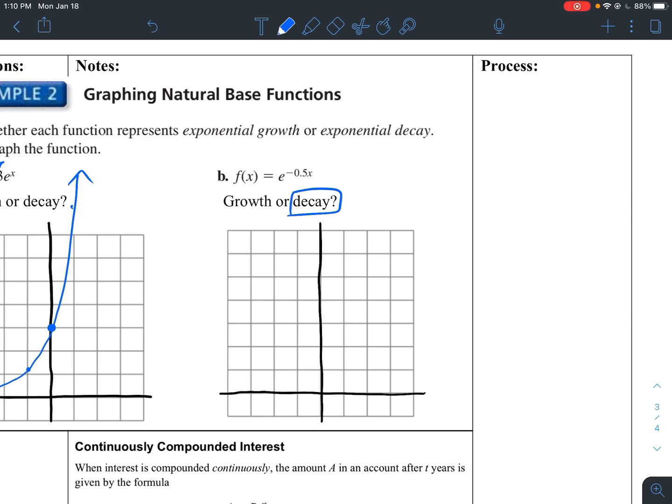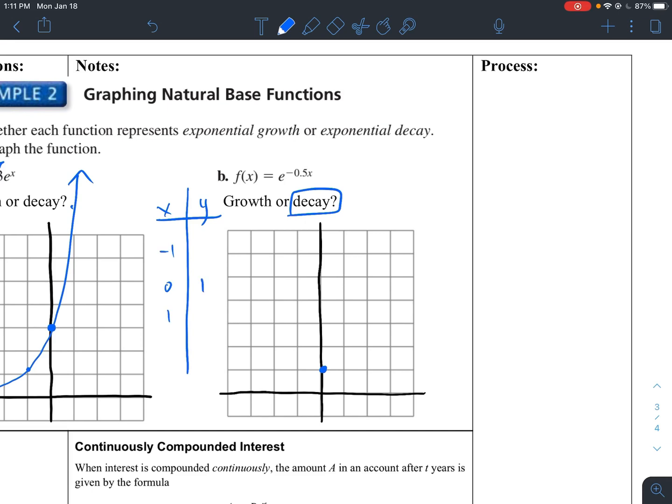Nothing's being added or subtracted. So if x is 0, this becomes 1, and I'm just left with e to the 0, and that's equal to 1. Because the coefficient is just 1, the y-intercept will just be 1. So let's make our x and y table here. When x is 0, y is 1.